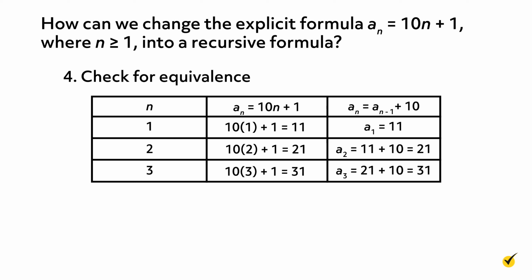And we said that a sub 1 equals 11 for the recursive formula. For n equals 2, 10 times 2 plus 1 is 21, and 11 plus 10 is also 21. Similarly, for n equals 3, 10 times 3 plus 1 is 31, and 21 plus 10 also equals 31. This recursive formula works perfectly.